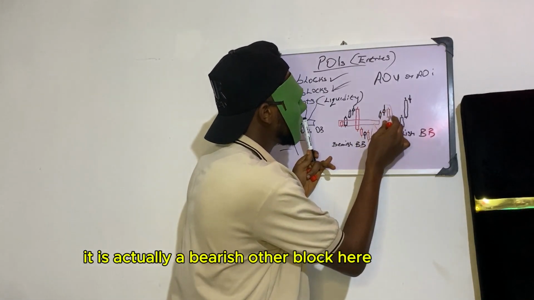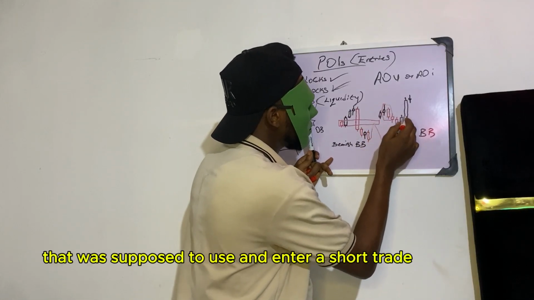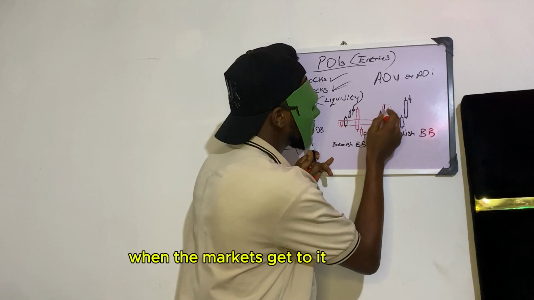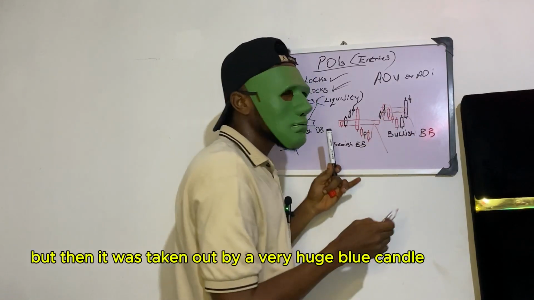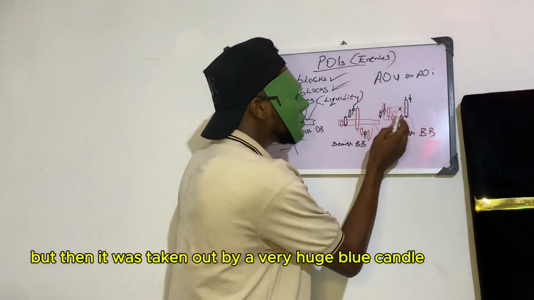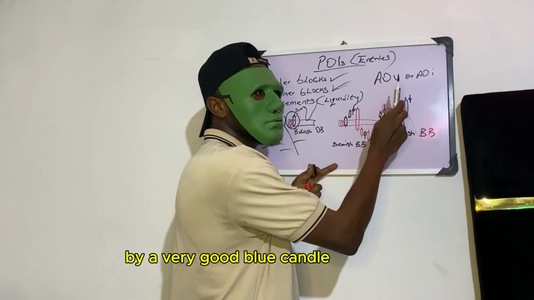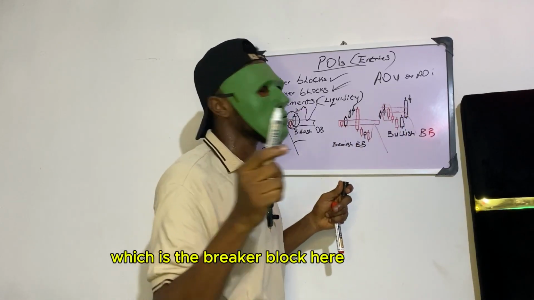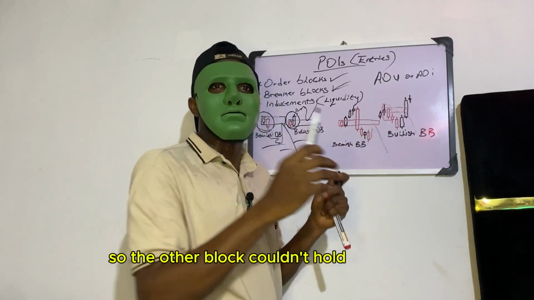It is actually a bearish order block here. Watch here. It is a bearish order block that was supposed to be used to enter a short trade when the market gets to it around here. But then it was taken out by a very huge bull candle, which is the breaker block here, breaking out the order block. So the order block couldn't hold.